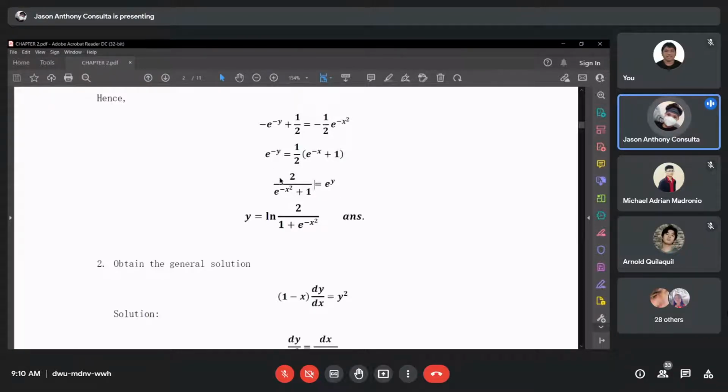Although, when you see it in books, their final answer is in terms of y.